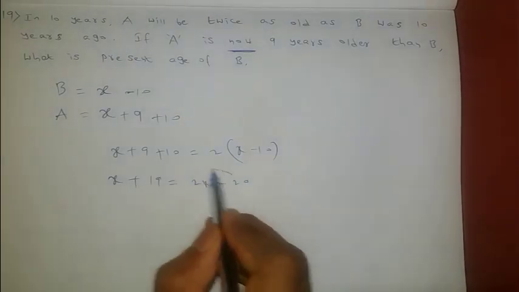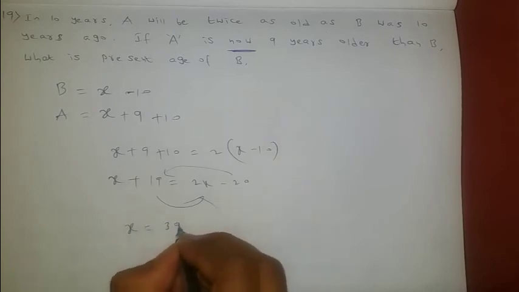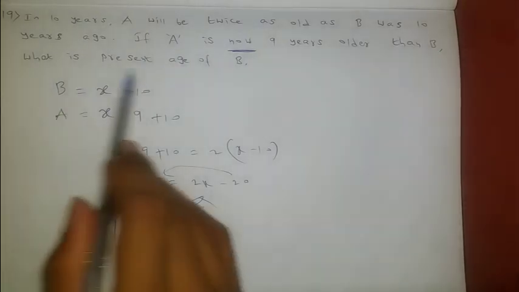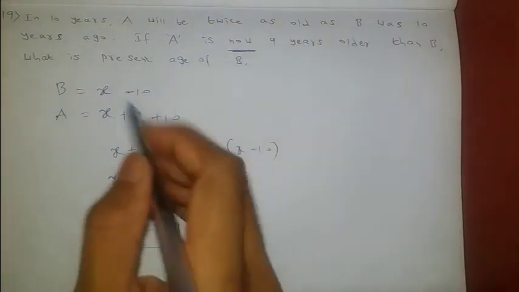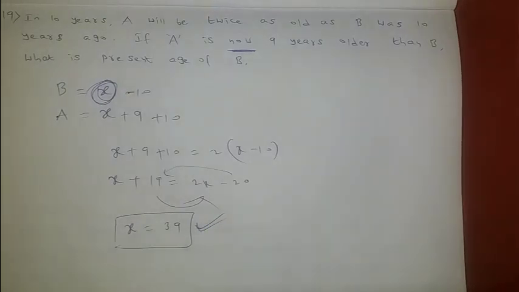Now I will bring minus 20 this side and x that side. So we will get x is equal to 39. Then what is he asking? The present age of B. B's present age is x, and that x is nothing but 39. So the present age of B is 39 years.